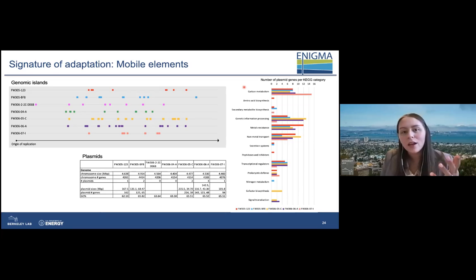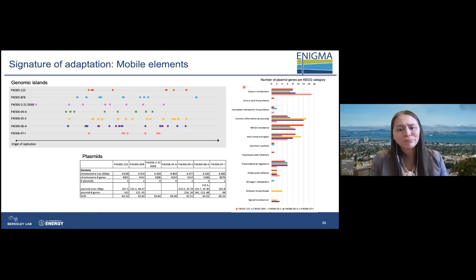Some of the same genes that we were finding in the shell and the cloud of the pangenomes. And then it was similar with the genomic islands. Around some of these transposable elements, we were finding other genes that are more associated with an organism trying to live and survive in its surroundings.